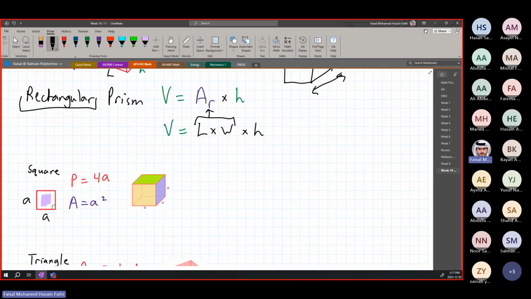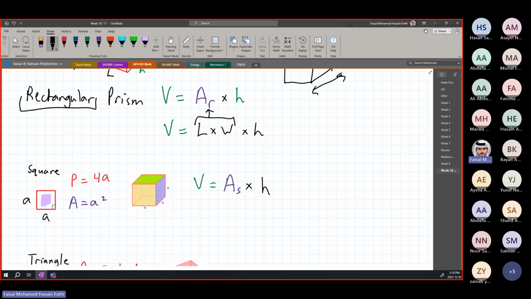What is a square? A square is basically nothing but a rectangle that has the same side. So if we apply the same exact concept for a square, the volume is going to be equal to the area of a square times the new height.